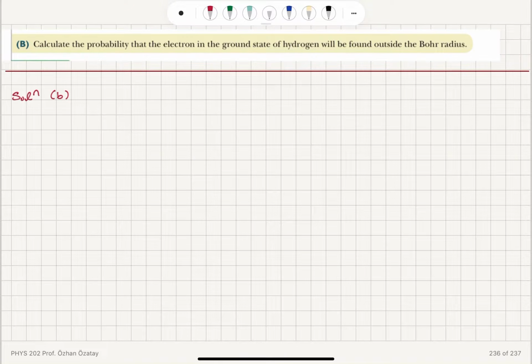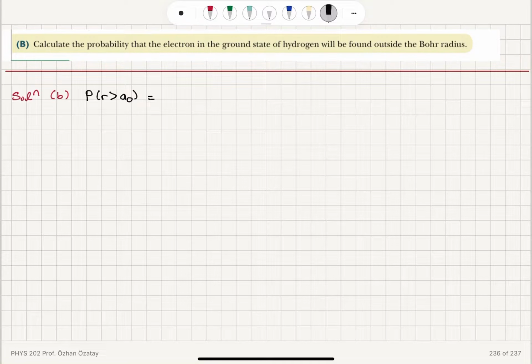Part B, calculate the probability that the electron in the ground state of hydrogen will be found outside the Bohr radius. Okay, so the probability of having r greater than a0.